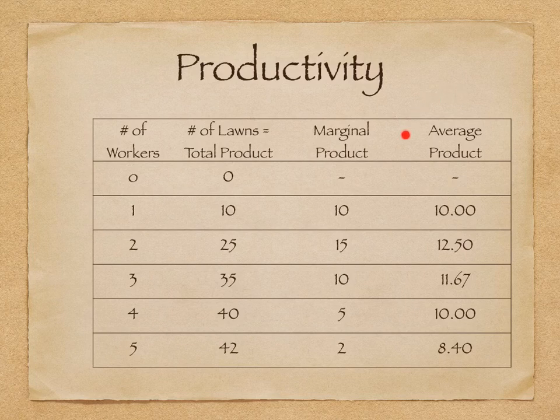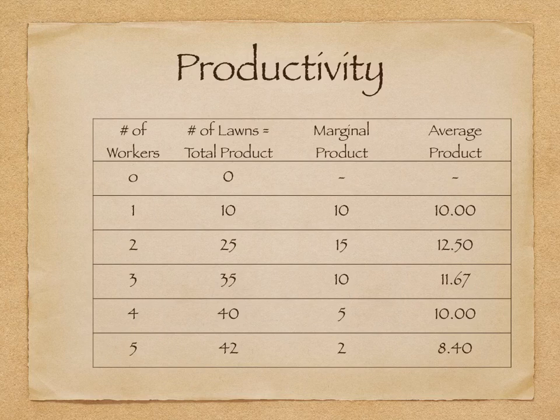Lastly, we want to take a look at the concept of average product. Average product is telling us what a typical worker makes within a group of workers. So, for example, while the third worker produces 10 goods and 3 workers produce 35 goods, the typical worker, when 3 workers are employed, is going to produce 11.67 goods, 11 2/3.